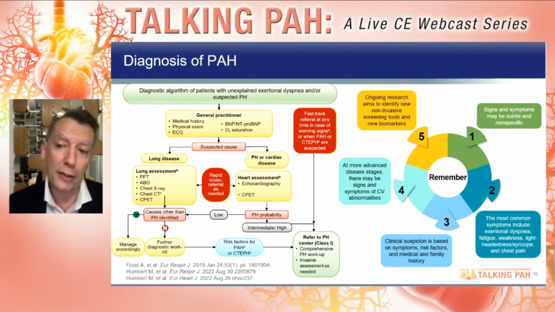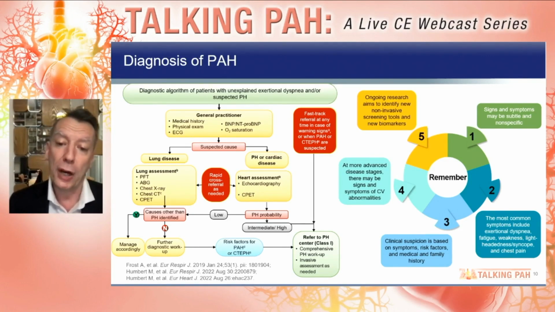So on the right, you see what are the main take-home messages. Signs and symptoms of PAH, they may be subtle and non-specific. Second, the most common symptoms are shortness of breath, fatigue, weakness, and chest pain. Clinical suspicion is based on symptoms, risk factors, and medical and family history.